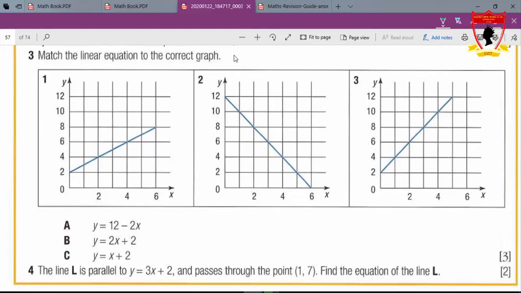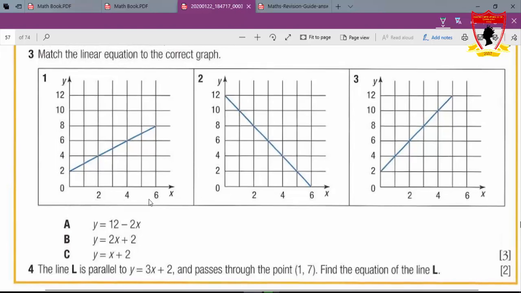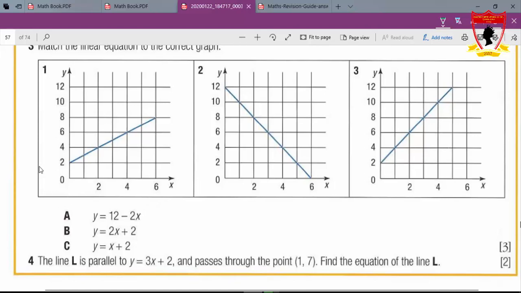Question 3 says match the linear equation to the correct graph. So to do this, it's easy by checking where the line crosses the y-axis. So this feature is only about the y-axis. Don't be tricked by searching for something like this. No, this is a common mistake.